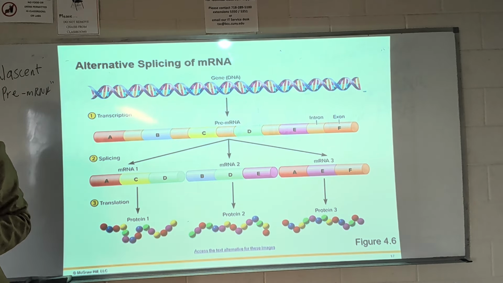So we can leave and go to the ribosome. So introns get locked in prison. They're not coming out of the nucleus. They're not good enough.